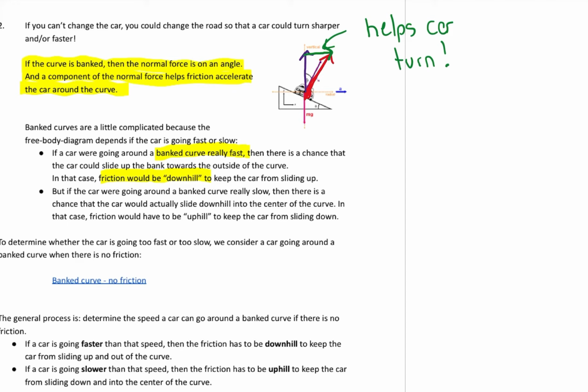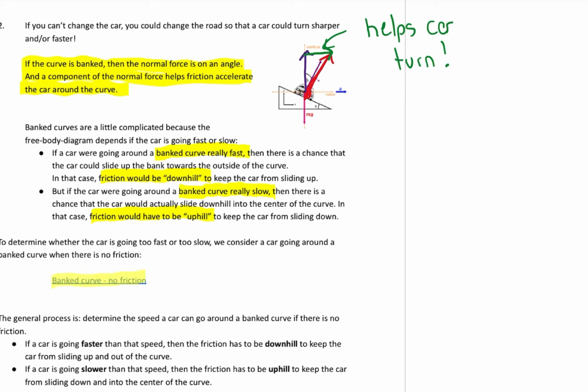But if it's a curve that's banked really steep, so imagine it being exaggerated, and you're going too slow, then the danger is you might slide down the hill, and in that case friction has to be uphill to keep you from falling in.